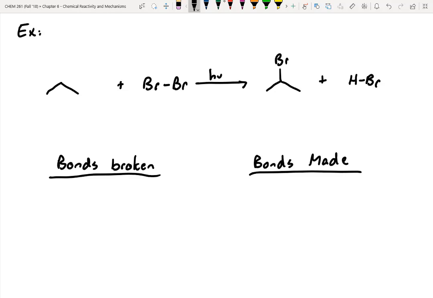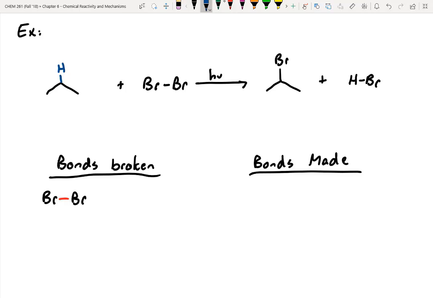What's the first and most immediate one that's clearly broken in this reaction? Br-Br. I'm going to say we're cleaving this bond between two bromine atoms. What's the other one? Carbon-hydrogen. Sometimes people forget that in this reaction, that blue hydrogen right there is no longer there, so we're losing one of those carbon-hydrogen bonds.